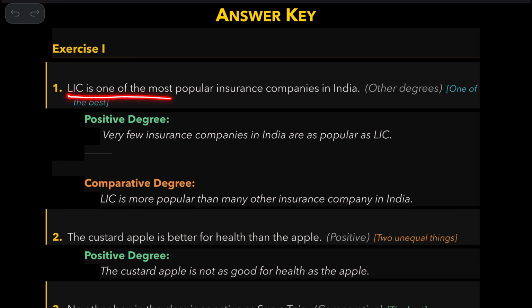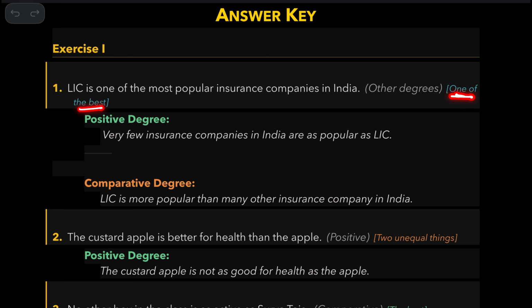LIC is one of the most popular insurance companies in India. So the instruction is not clear. In the board exam, they will definitely tell you either to use comparative or positive degree. So the most important thing when you see the question is to understand which pattern the question sentence belongs to.